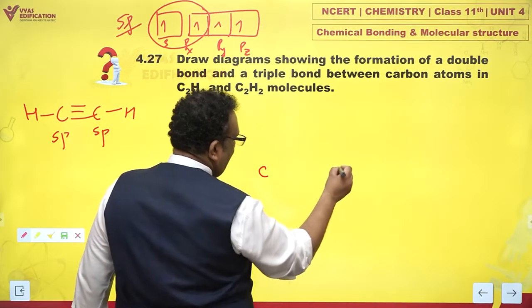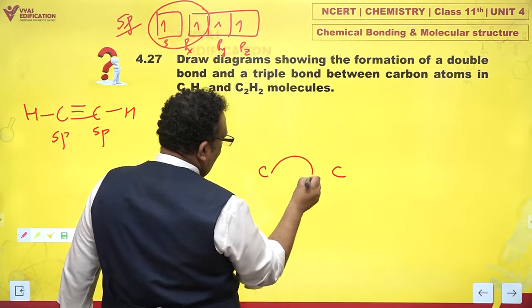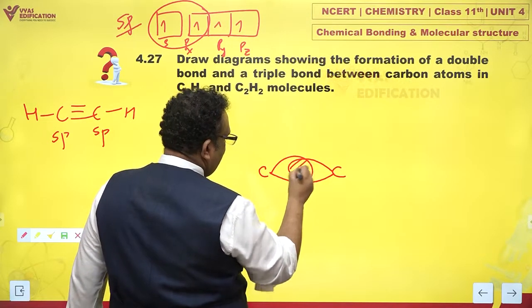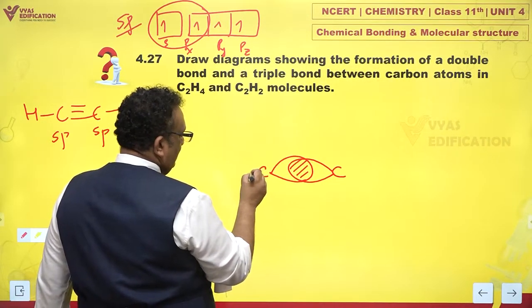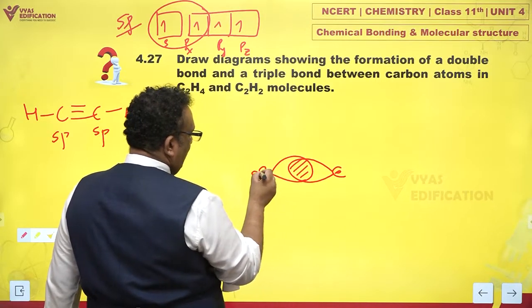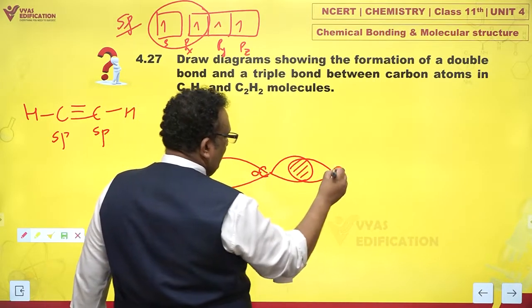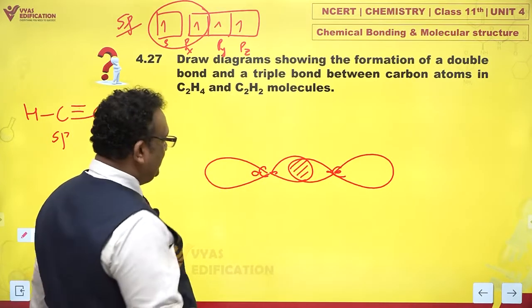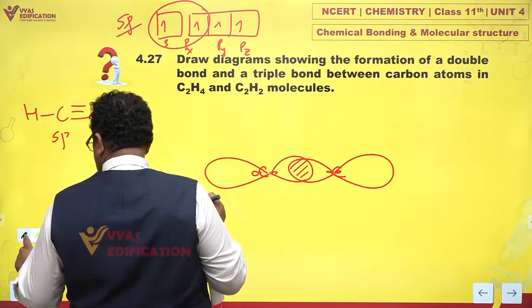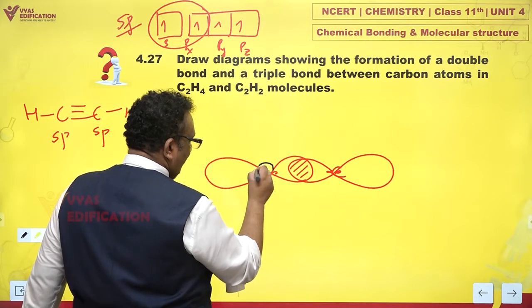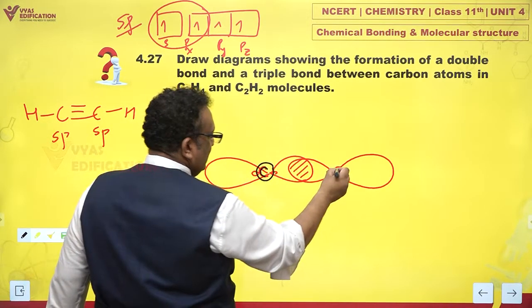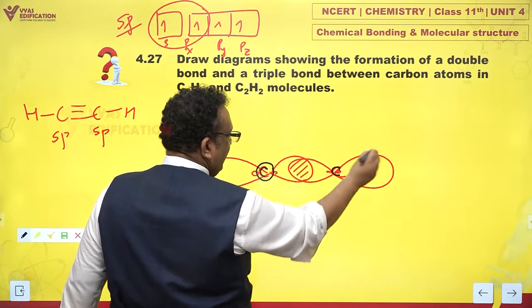If you have a carbon atom like this, and sp hybrid orbitals like this, they overlap. You have a second sp hybrid orbital. See, this carbon, if you're confused, it has 1 and it has 2. The second carbon has 1 and it has 2.